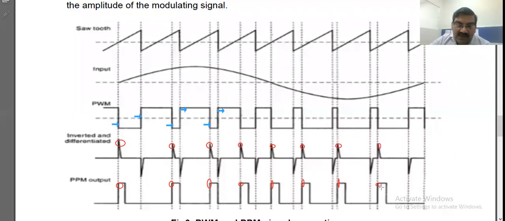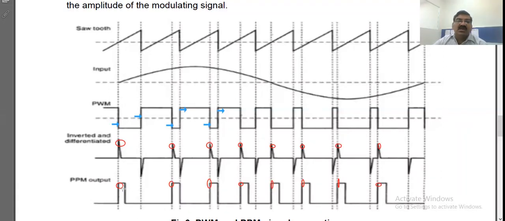Now you can see the position. For the higher amplitude, the position is far away. And this is the negative one. You just see the difference in position between these two: there is not much difference, the position is near.